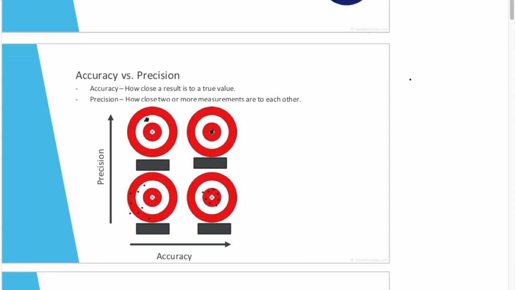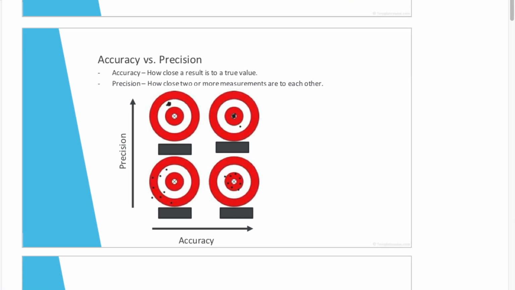The next slide is about accuracy and precision. When you look at a target, if you were to throw a dart and miss the mark, that would be an example of an inaccurate throw. If you were to hit the mark, that would be accurate. Accuracy is how close a result is to the true value, whereas precision is how close two measurements or more are to each other.